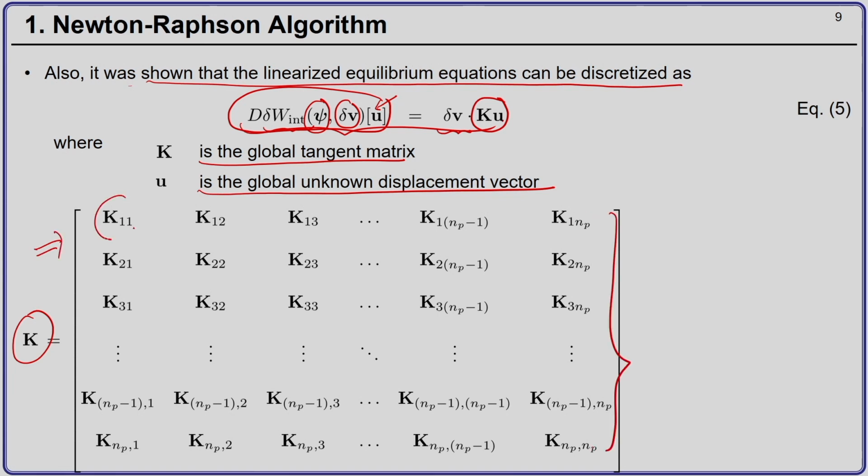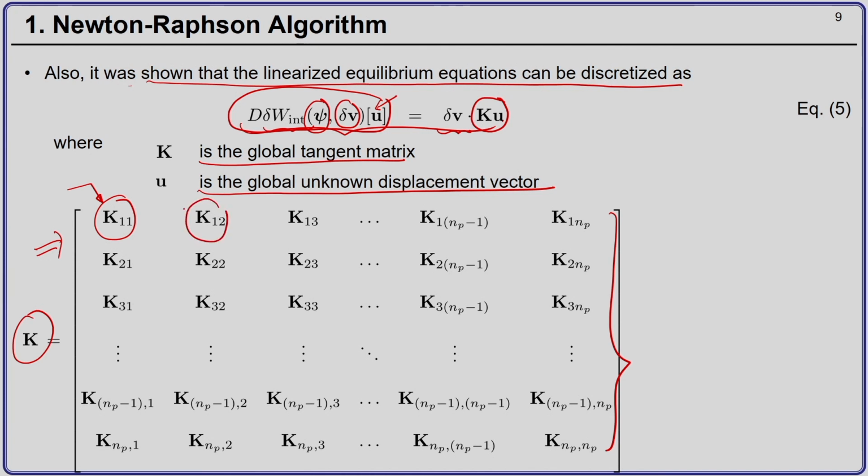So, k 1 1 corresponds to the change. The stiffness matrix represents change. So, k 1 1 shows the change in the global tangent matrix at node 1 because of changes at node 1 itself.